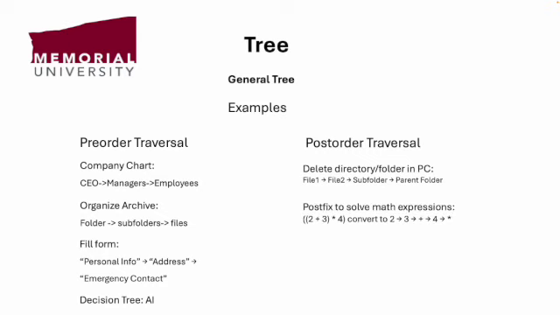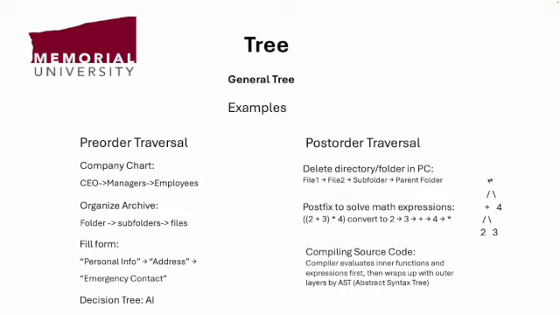Also, postfix to solve mathematical expressions: they operate on this type of tree, doing the operation at each node after its operands. Again, compiling source code: evaluate the inner function and expression first and then wrap up to the outer layer by the AST, abstract syntax tree, which we use in compilers.